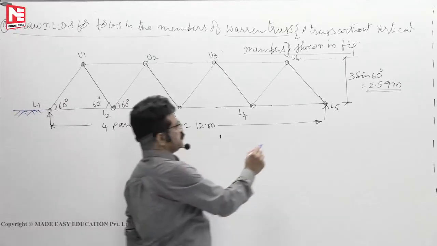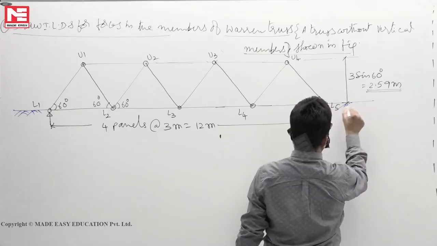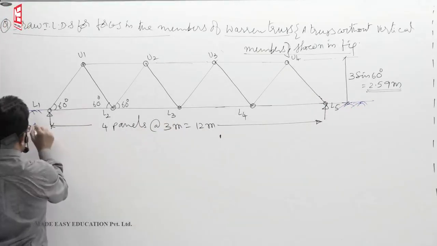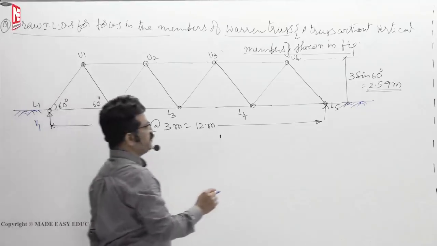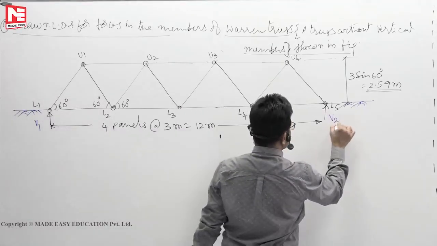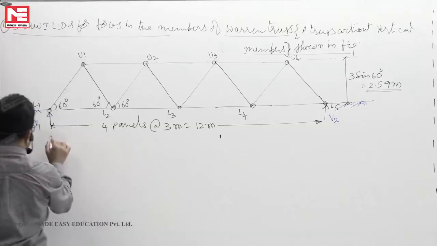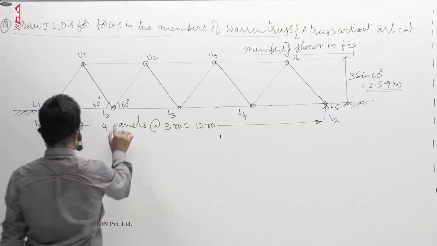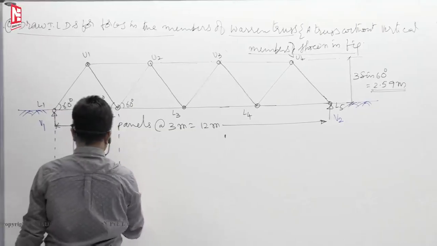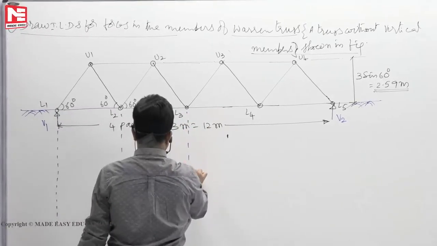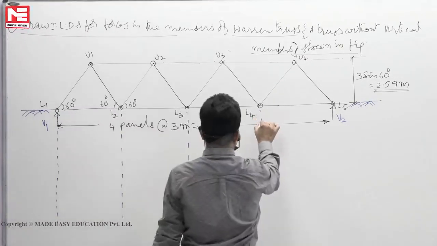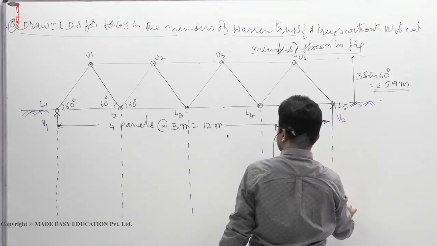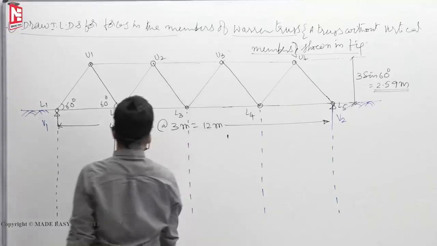This is now the ground. Let us say for any position the reactions are V1, V2.